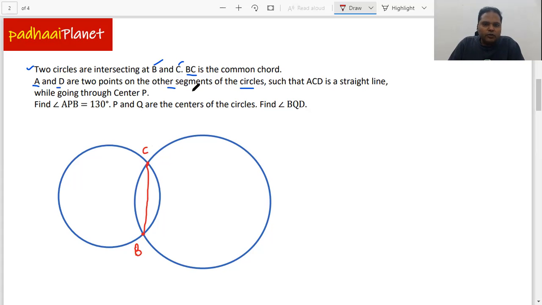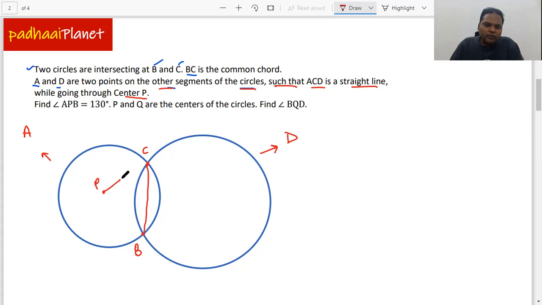And it also says that A and D are 2 points on the other segments of the circle. So suppose A will be on this side because we are talking about other segments, and D will be on this side of the circle, such that ACD is a straight line going through the center P. So this is, suppose, the center, right?